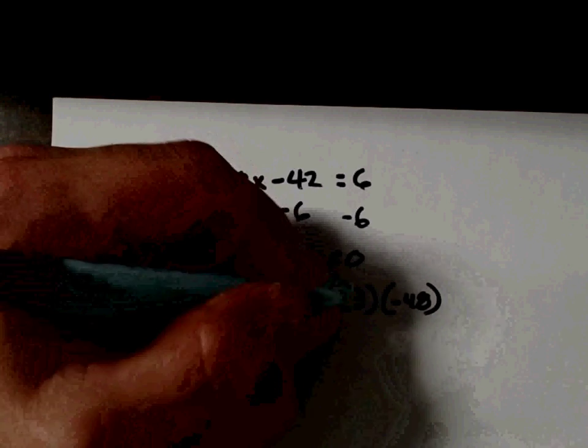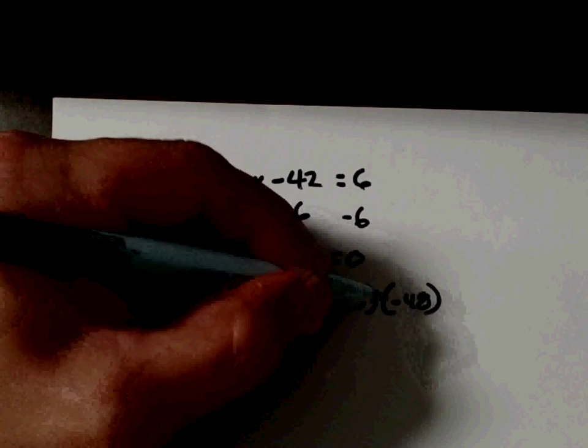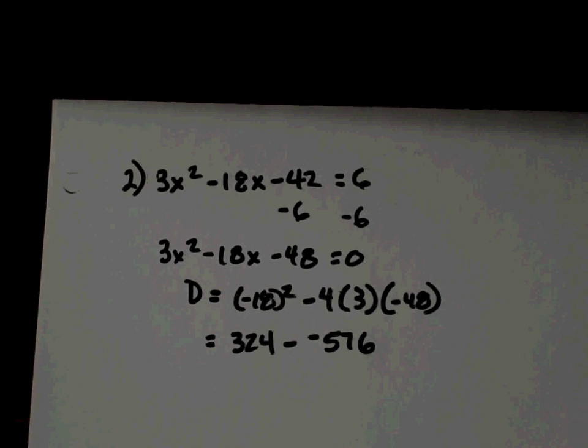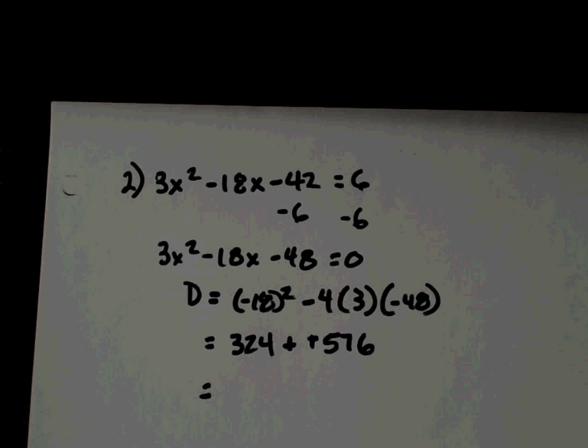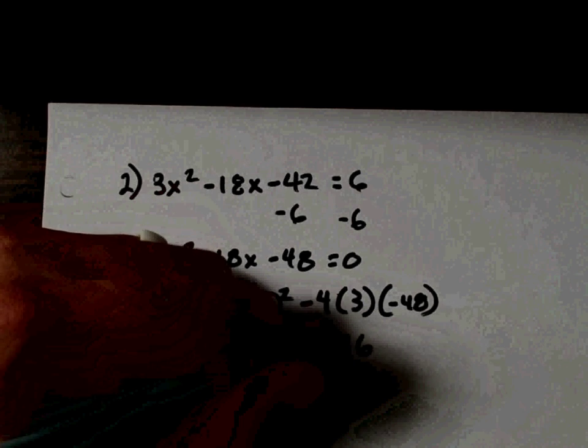Or did you do the negative 4 times it? Okay, you did 4 times 3 times negative 48. So it's negative 576, correct? All right, and so that would make plus plus. What's 324 plus 576? 900.